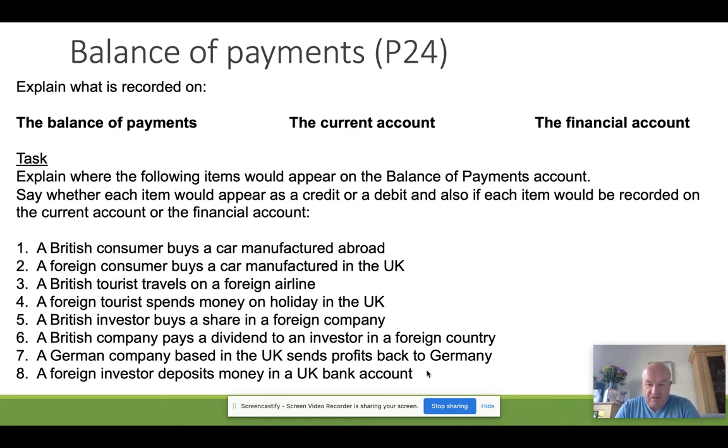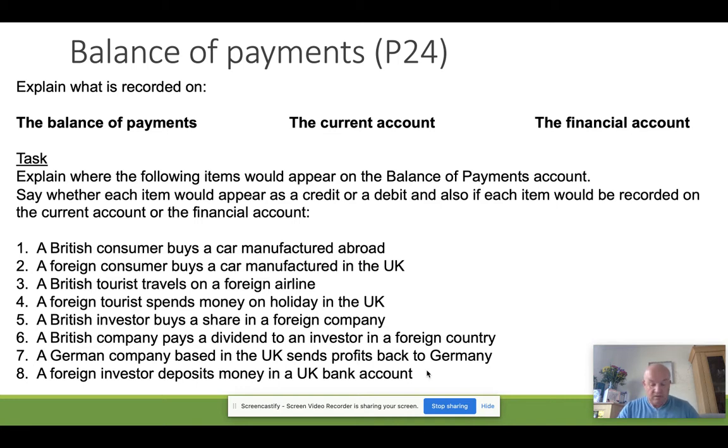And debit would be money going out of our country, or our balance of payments in this case. So I'm going to give you some time to give that some thought. Have a go at answering those questions, and then we'll come back and look at the answers.